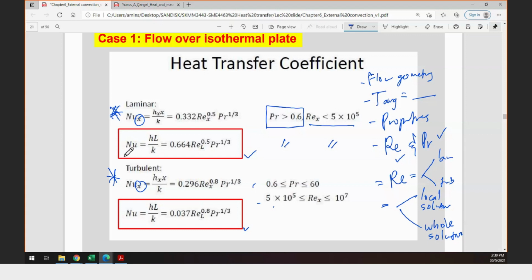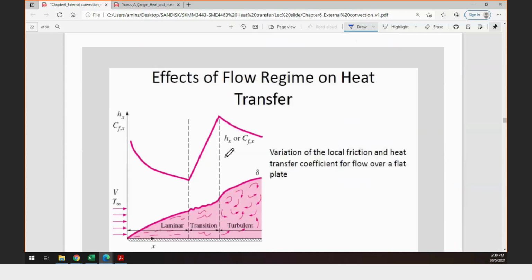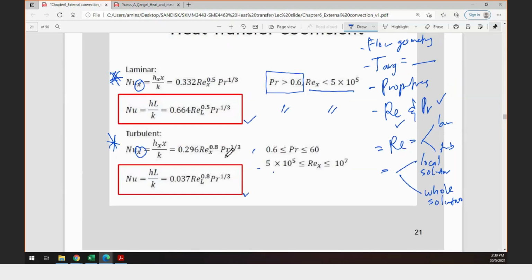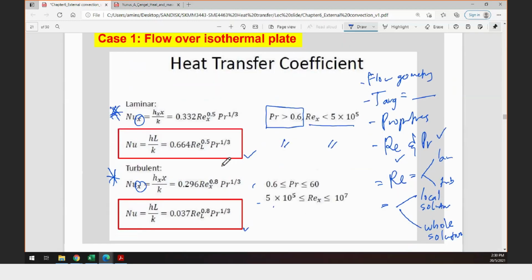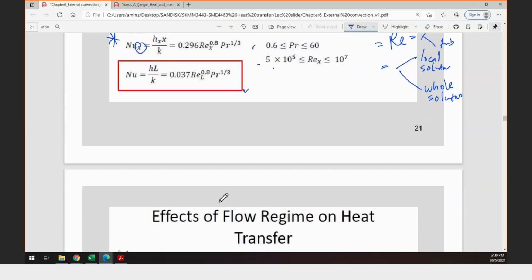Table 7.2 is just a part of the equation. There are actually many. We will go to the textbook after this. Any question about this equation, the Nusselt number and friction coefficient?